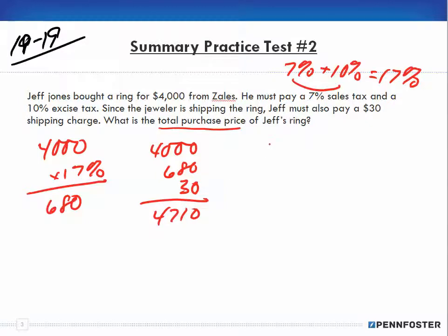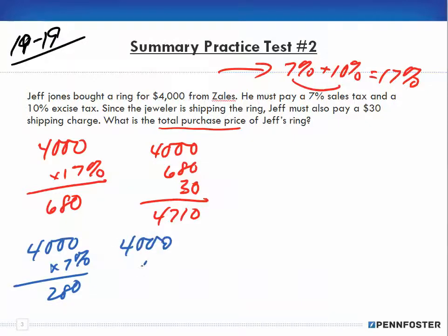As a further shortcut, I could have taken the 4,000, multiplied it by 7%, and come up with $280. I could have taken 4,000 multiplied by 10% and had $400.